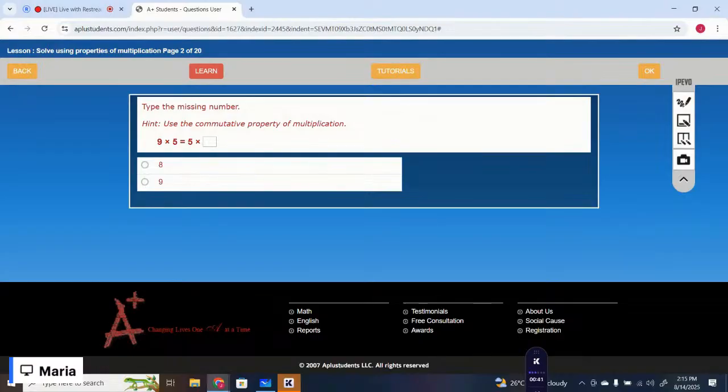Type the missing number. Use the commutative property of multiplication. In the commutative property, both sides have the same numbers, just the order of multiplication is different. So 9 times 5 equals 5 times 9. The second number is 9.